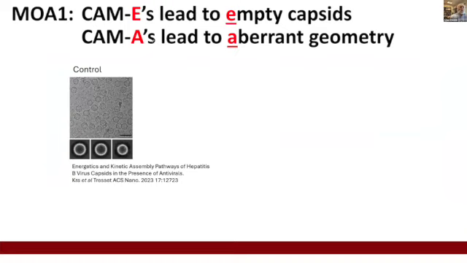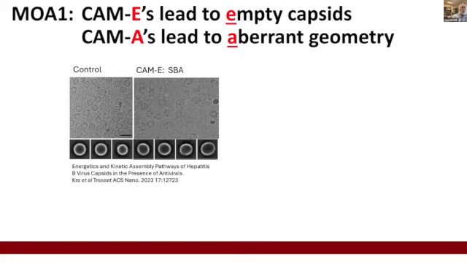CAMs have been subdivided into CAM-Es that lead to empty capsids and CAM-As that lead to aberrant assembly. In a normal assembly reaction, you come up with a large collection of very regular particles, and that regularity is emphasized in these class averages.